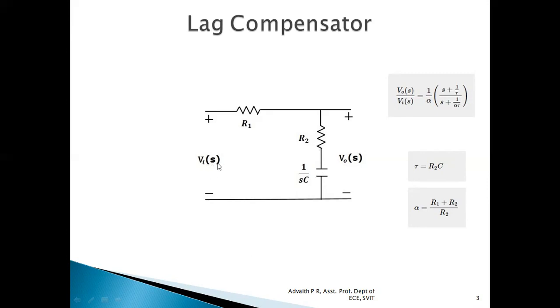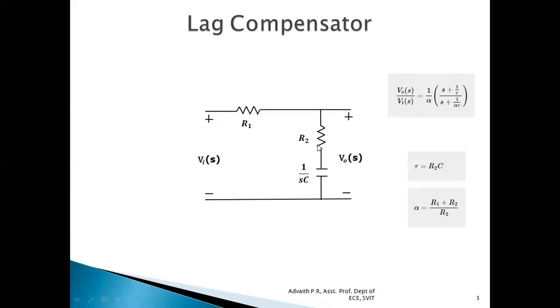Input voltage Vi of S is applied and output voltage V0 of S is extracted. Here, if we observe clearly, the capacitor is in series with resistor R2 and the output is extracted completely across this series combination of R2 and capacitor.